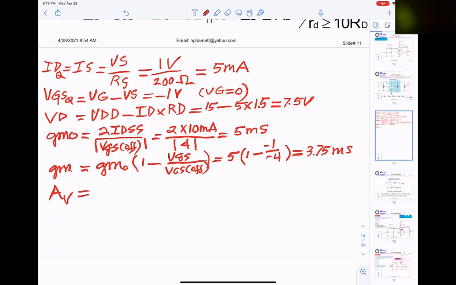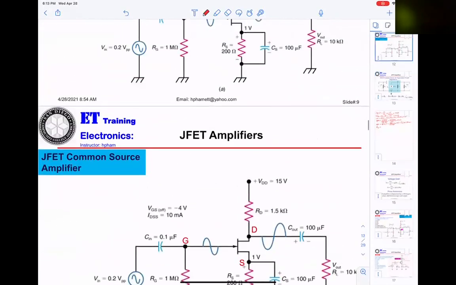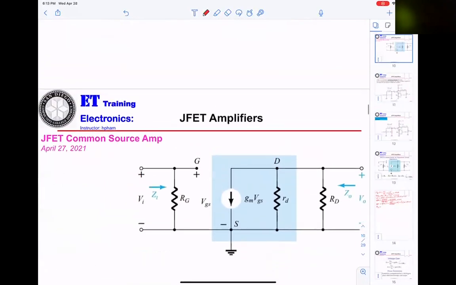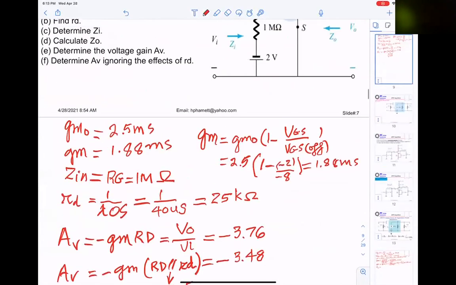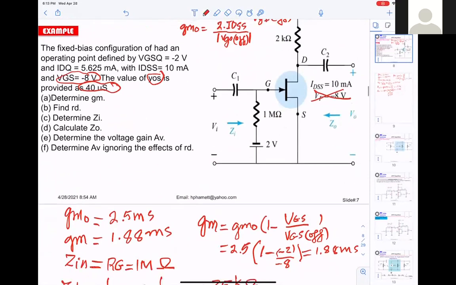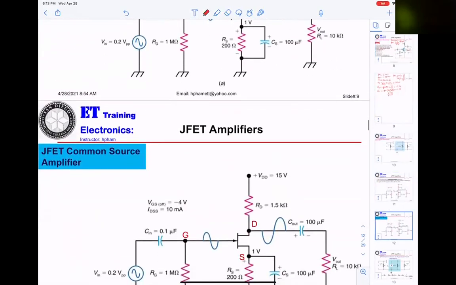For the GM, they don't have the square no more. Yeah, there's no square, right? Right. Okay, I'm wrong.